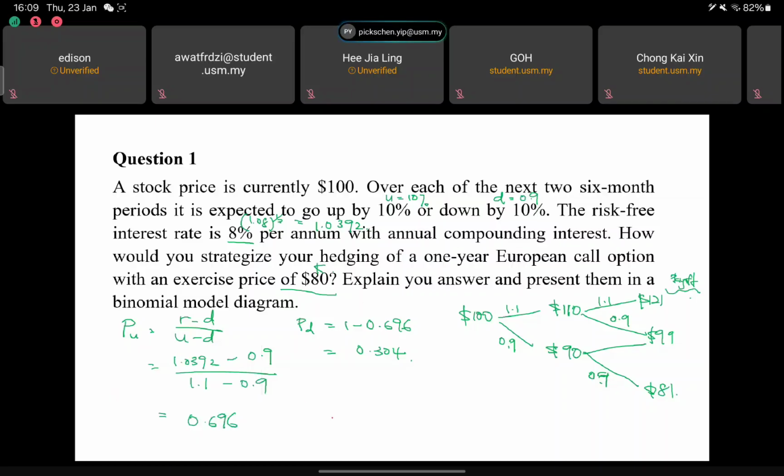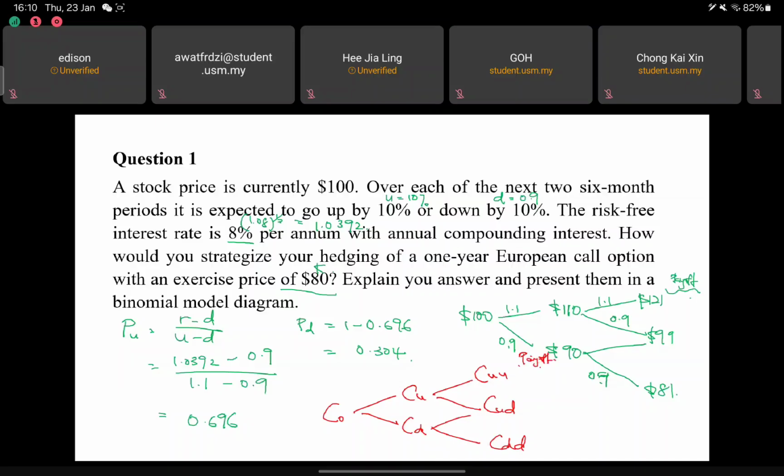This one we have just learned last week. So C0, CU, CD, CUU, CUD, and CDD. You can calculate the payoff when the exercise price is $80 and the stock prices are 121, 99 and 81.